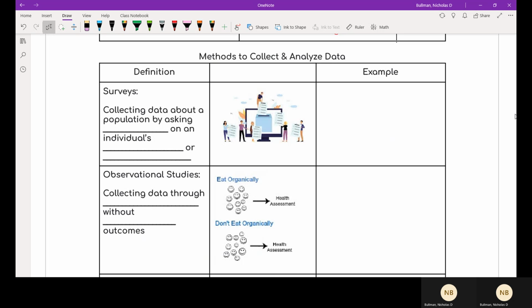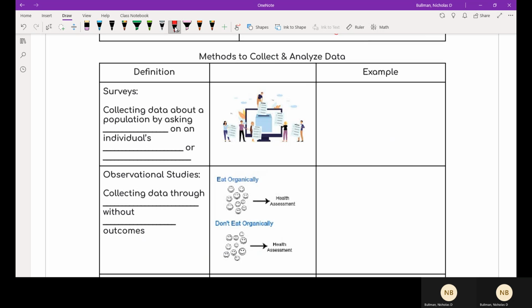So there's 3 different types of ways to collect and analyze data. Analyze. Look at me, this is why I'm a math teacher and not an English teacher. So we have surveys.